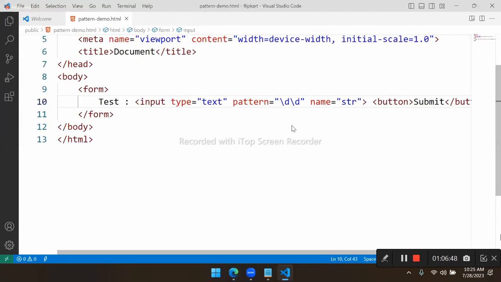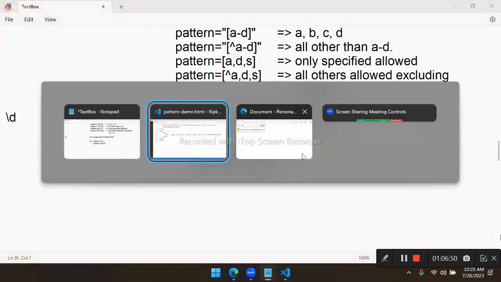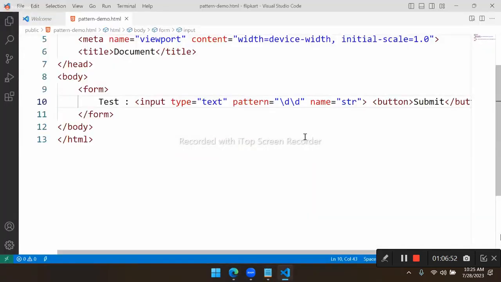How to allow 1 or 2 digits? You can put a question mark here. What does the question mark represent? 0 or 1 occurrence. That means I have given that question mark for the last /d. You can put it for the first /d also.